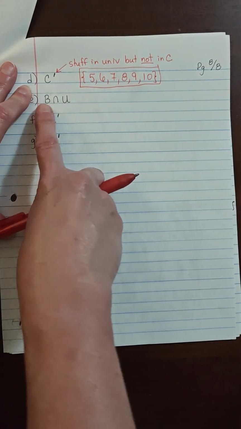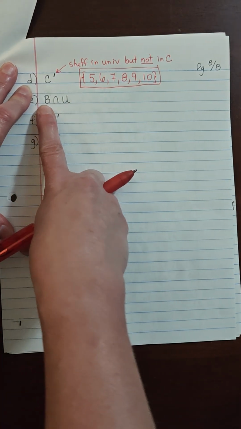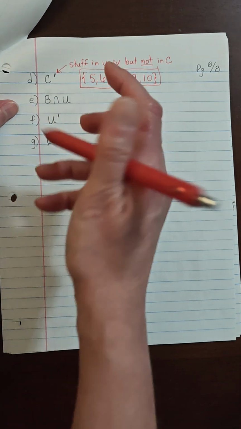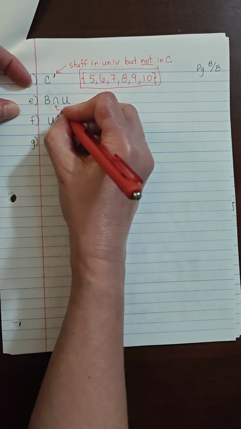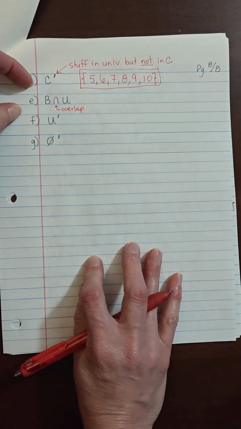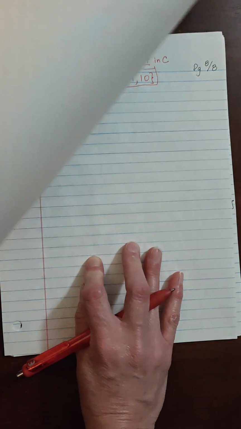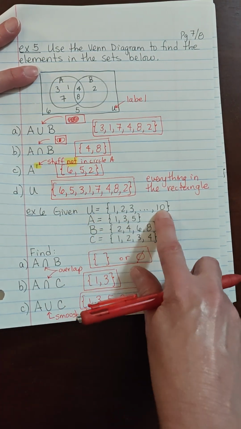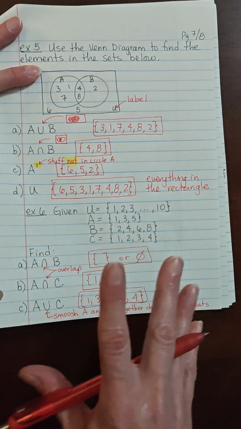Okay, this one is the set B intersected with the universe. So remember, intersection is the overlap. It's what those two sets share, what they have in common. So if I look at B, 2, 4, 6, 8, and the universe, 1 through 10, what do those have in common?